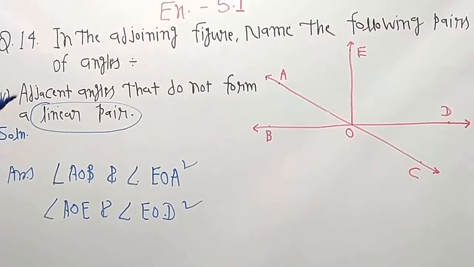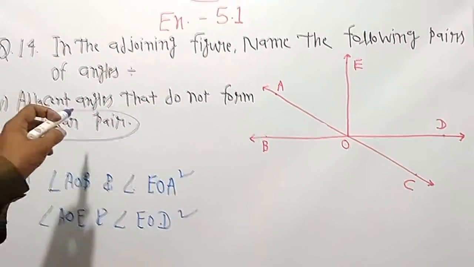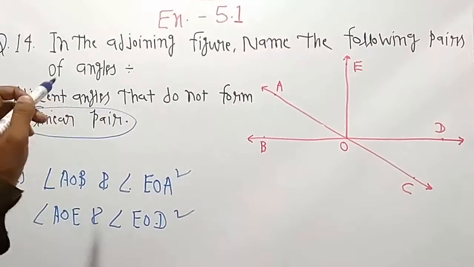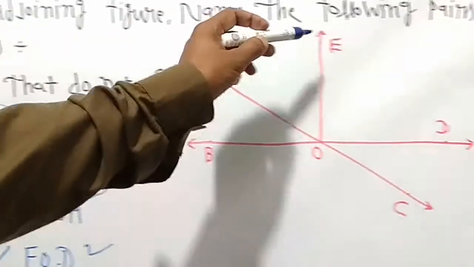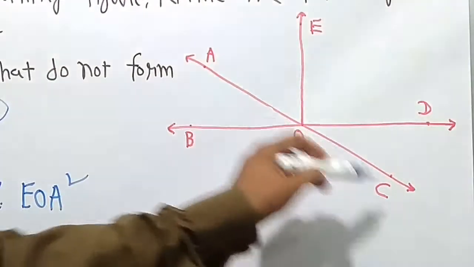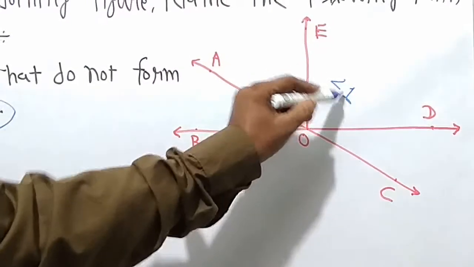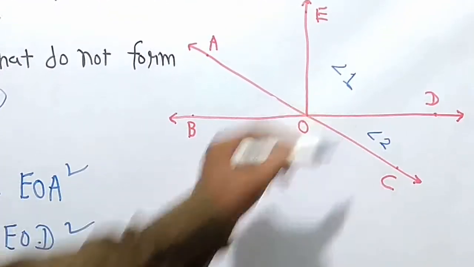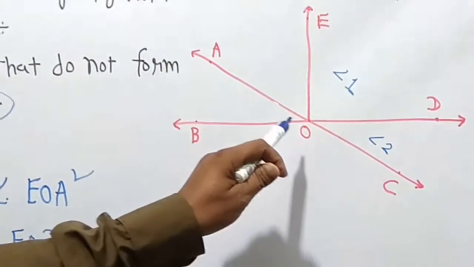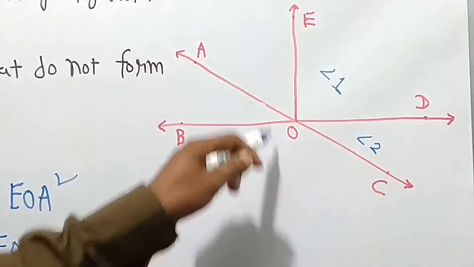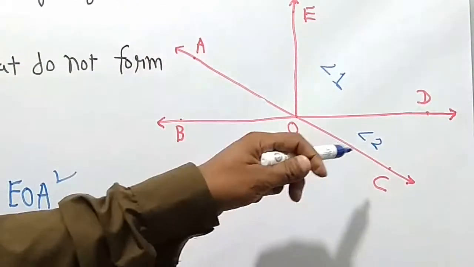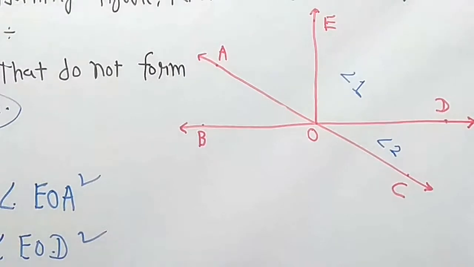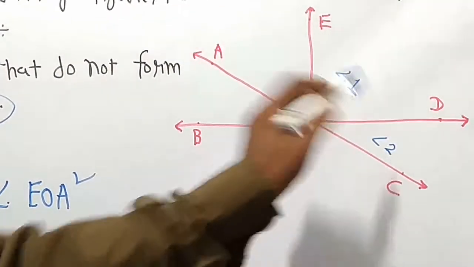Which one is the next pair that is adjacent but does not form a linear pair? Suppose it is EOD and this is DOC. Suppose this is our angle 1 and this is our angle 2. Again, for adjacent angles, there is the common arm and the common vertex. These two rays are the non-common arms, situated on either side of this common arm.